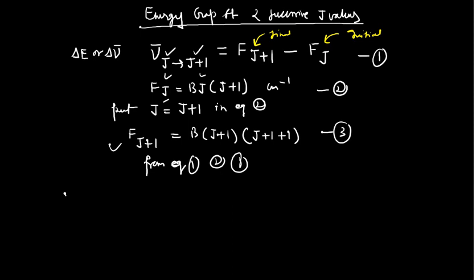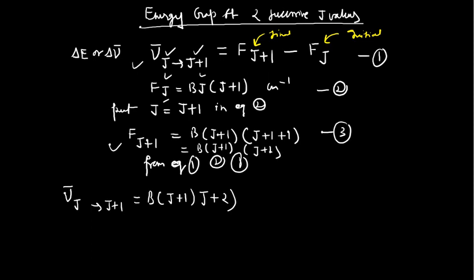I can write nu bar j goes to j plus 1, which is this one, equals, we will put the value of Fj plus 1. So we will put this equation here: B into j plus 1 into j plus 2.